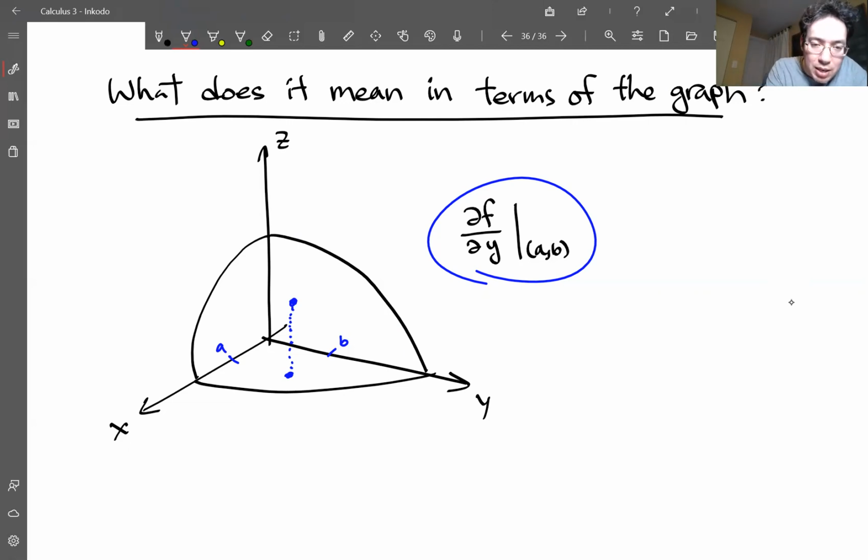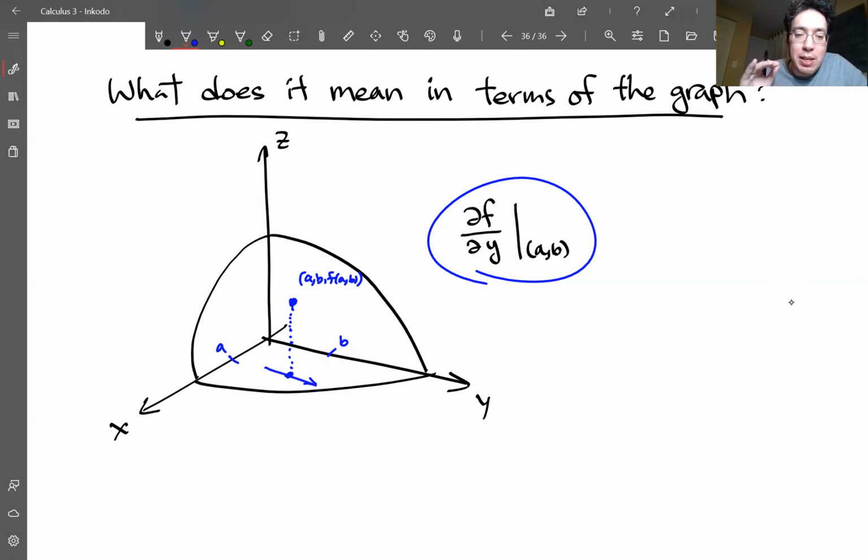So let's say this is the point A, B, f of AB. Okay, so I'm looking at this point, and I want to know how the height of the function changes as you move in the direction of y. So y is that direction.